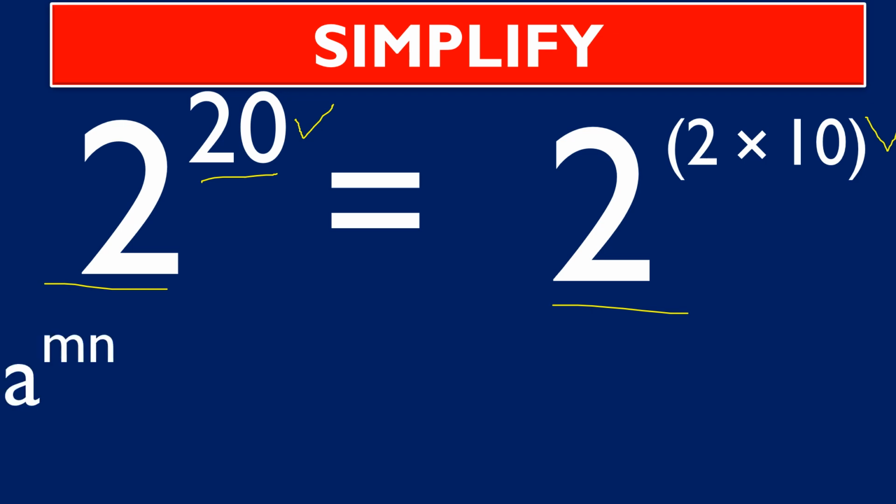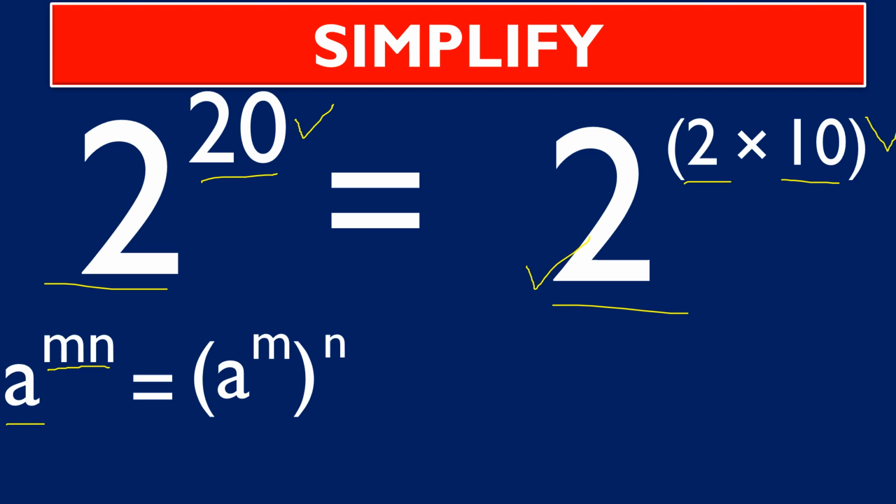Now, from the law of indices, we have a raised to the power mn. What we are saying is that the base a, in this case the base 2, raised to the power mn means m times n. In this case we have 2 times 10, and that gives us a raised to the power m and then raised to the power of n.